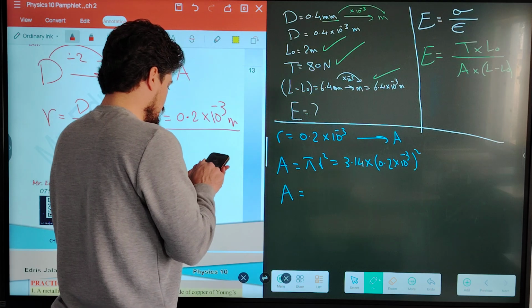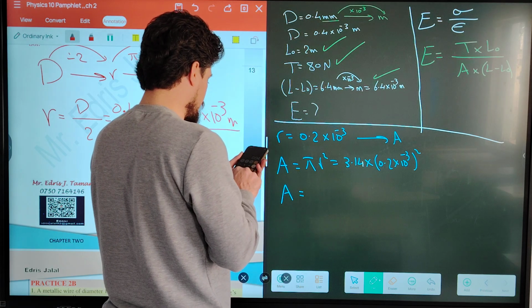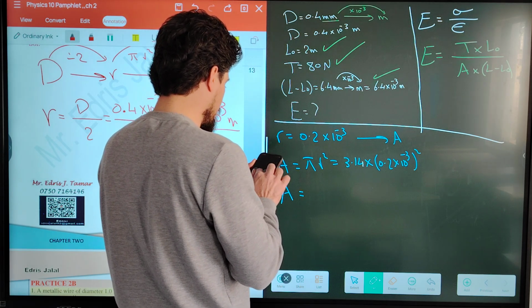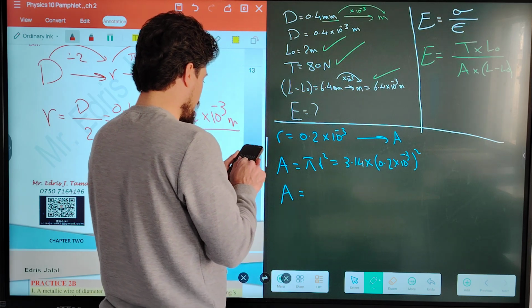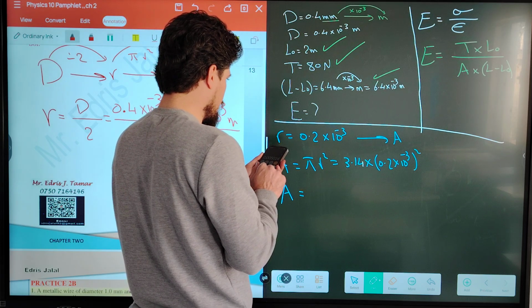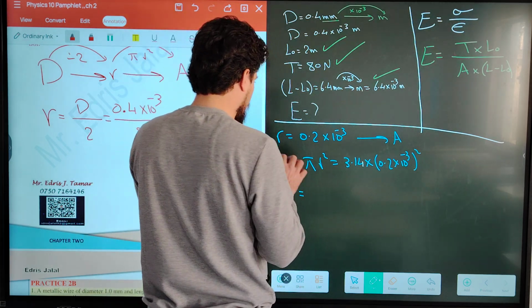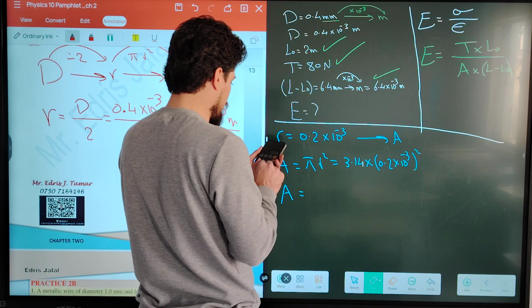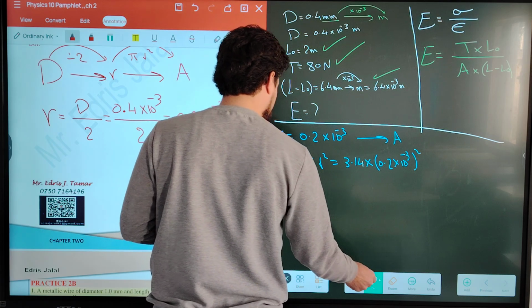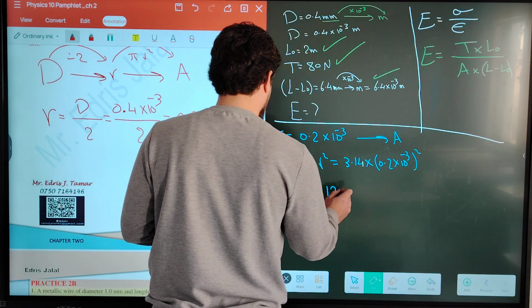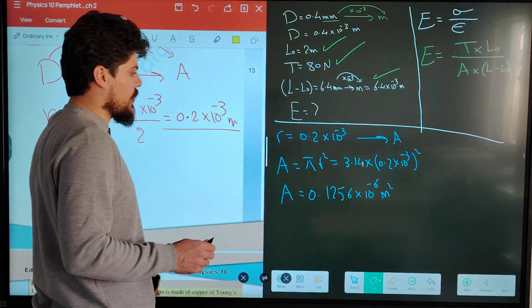Okay, now I'm going to calculate. 0.2 times 0.2 times 3.14 is equal to this number, and I got this number, guys, 0.1256 times 10 power negative 6 meters squared. What is this? This is area.